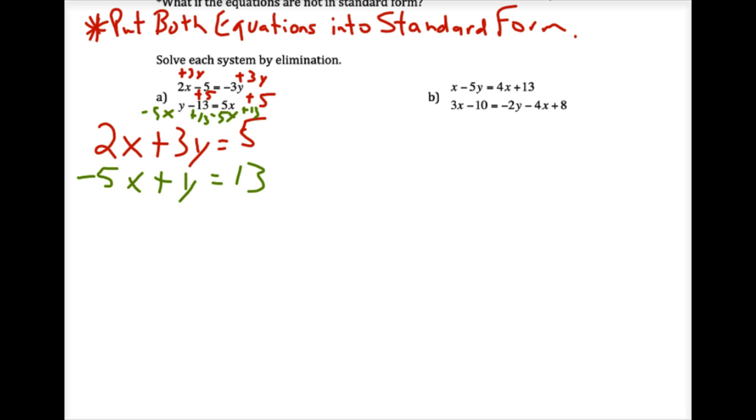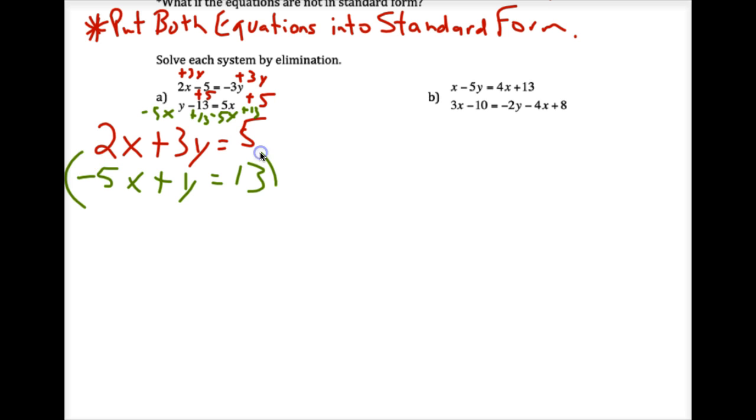What's the least common denominator of 2 and 5? 10. Least common denominator means what's the smallest number in the world that 2 and 5 both go into? 10. What's the least common denominator of 3 and 1? 3. That's the route we're going to take.